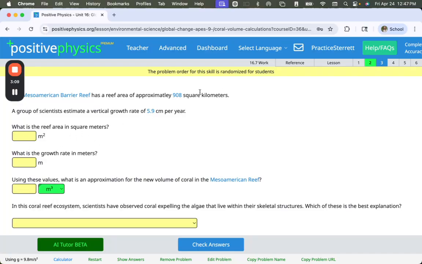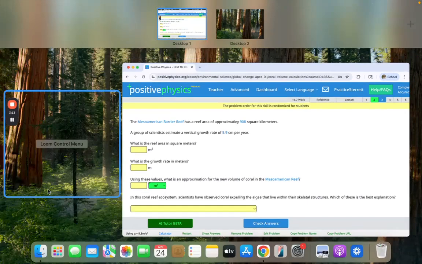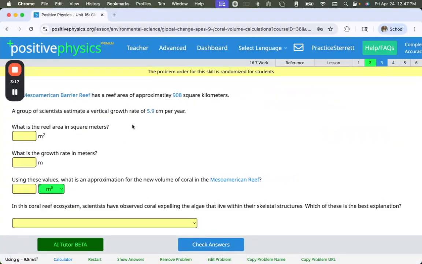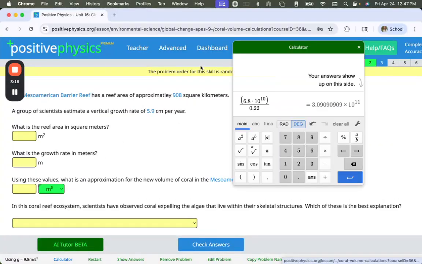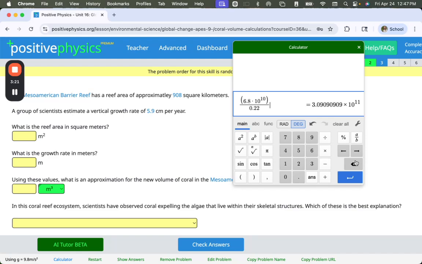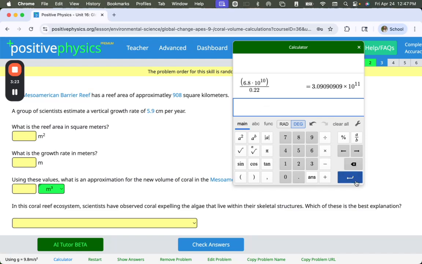The area, if you have square kilometers given to you, then you're going to use that 1 kilometer squared is equal to, let me just do it like this.